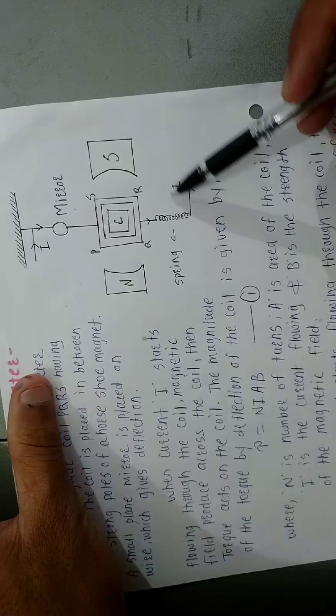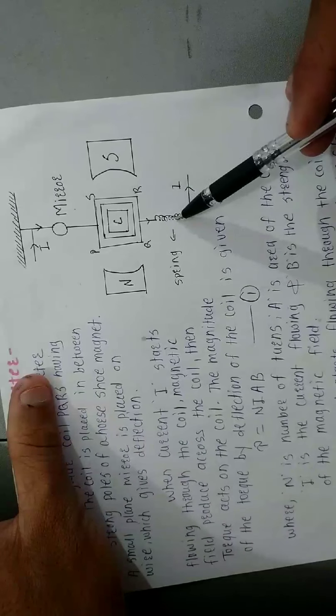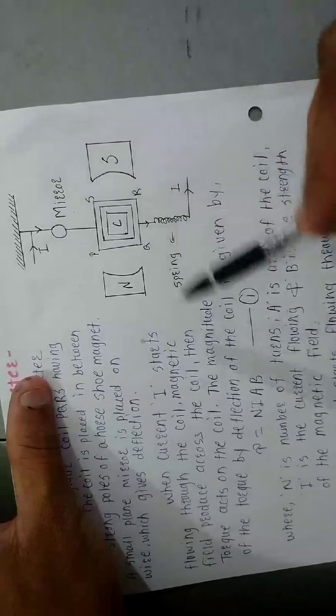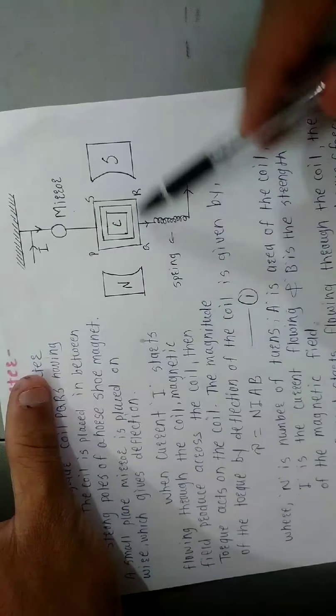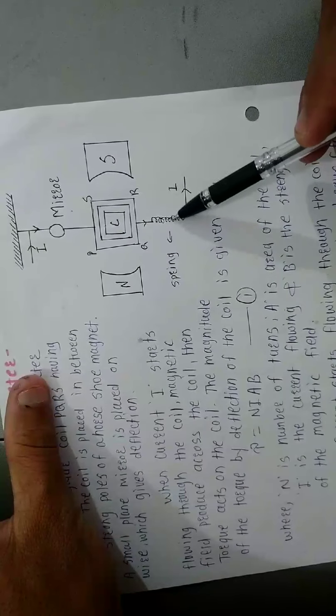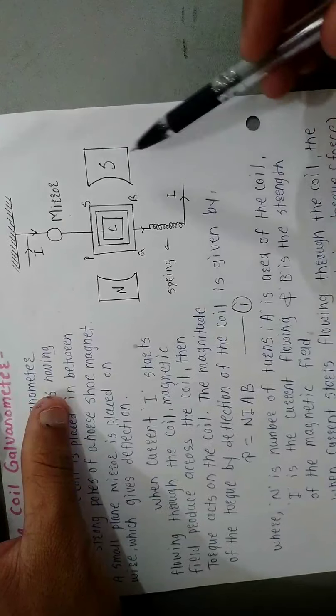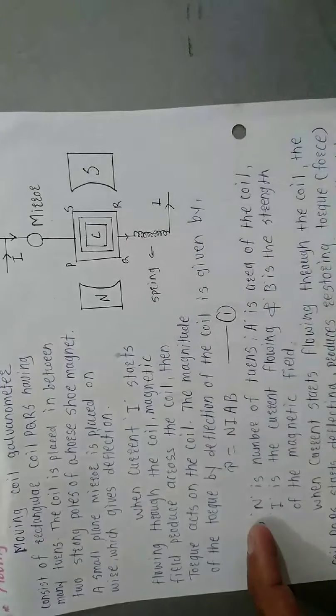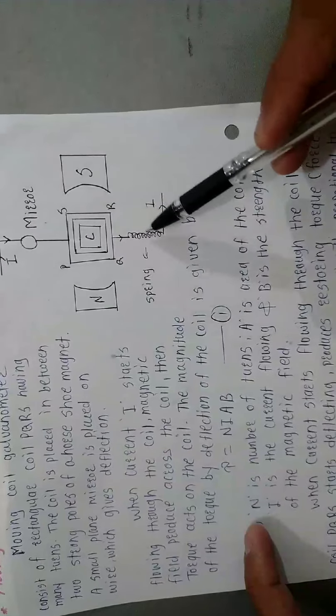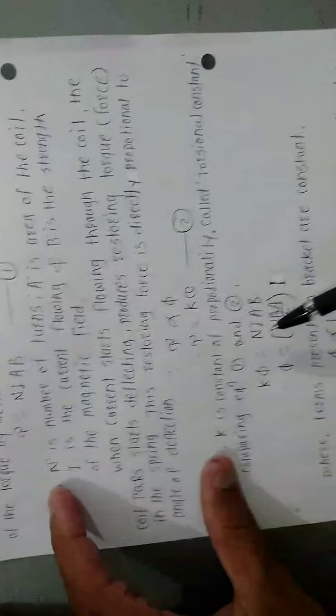The torque stored in the spring is directly proportional to the deflection of the coil. If the coil is deflected more, the spring gets more twisted.